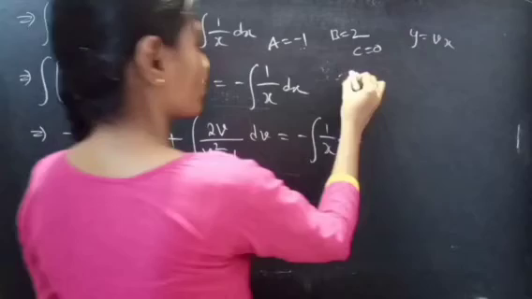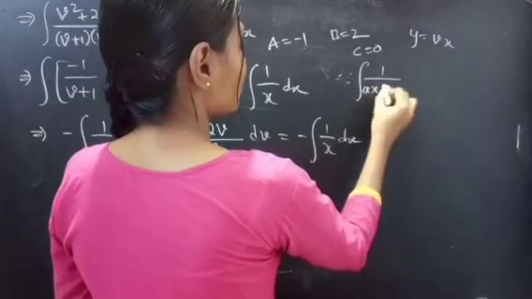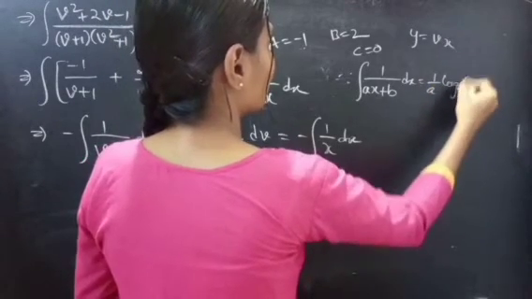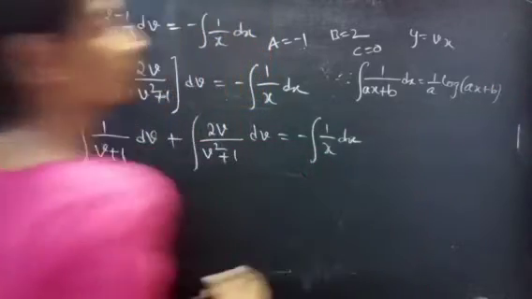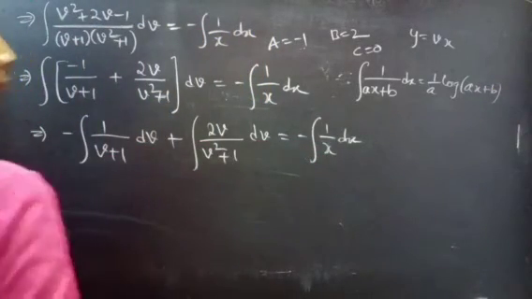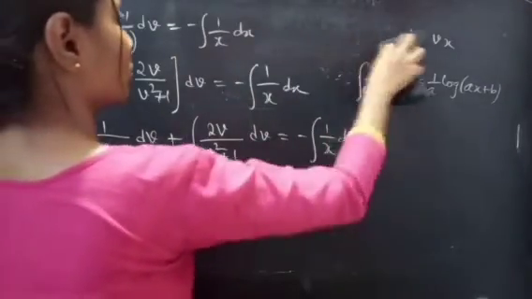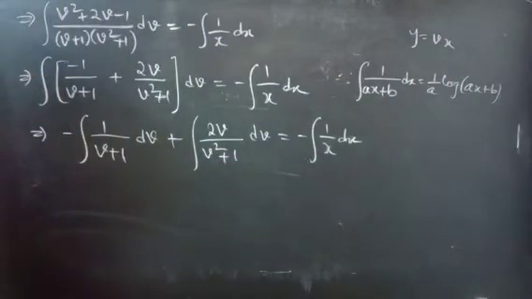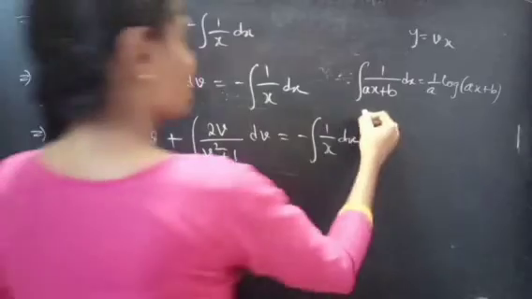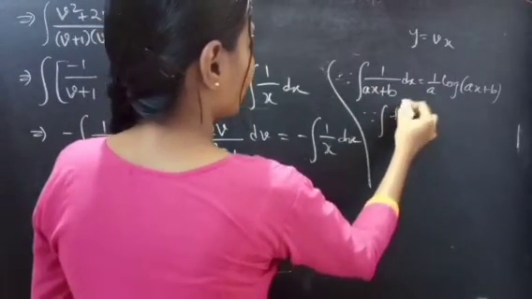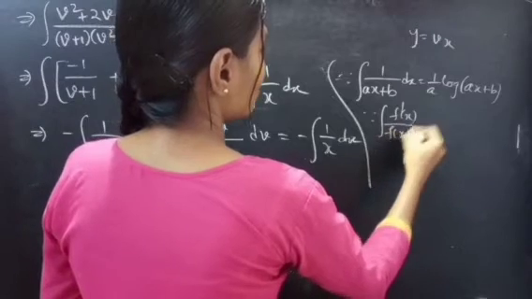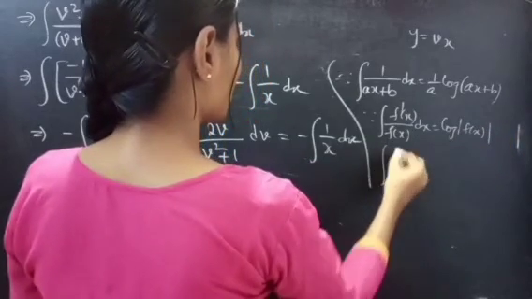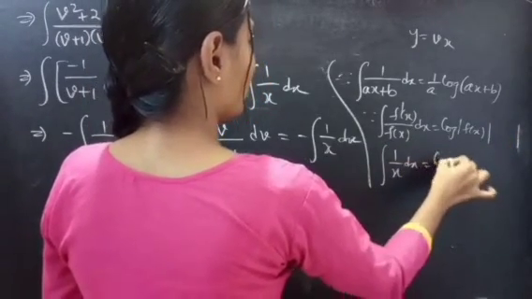Since we know that integral 1 by (ax plus b) dx equals to 1 by a log |ax plus b|, and integral f dash of x by f of x dx equals to log mod f of x, and also integral 1 by x dx equals to log mod x, right?